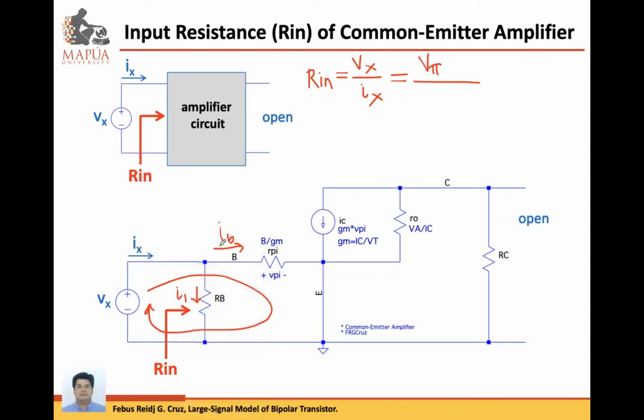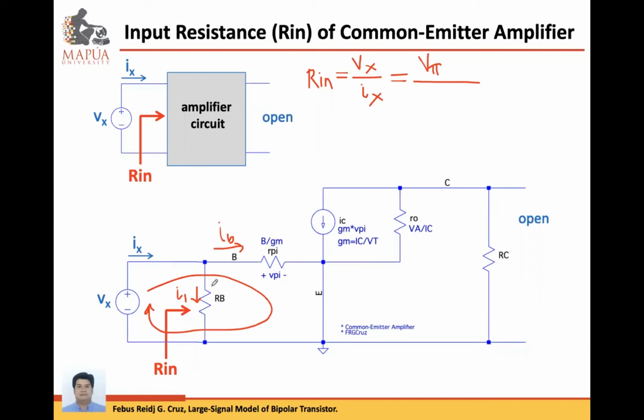So Ix is equal to base current plus I1. Right? Yes, sir. All right. And for base current, what is base current? You have voltage and resistance. So base current is V pi divided by R pi.